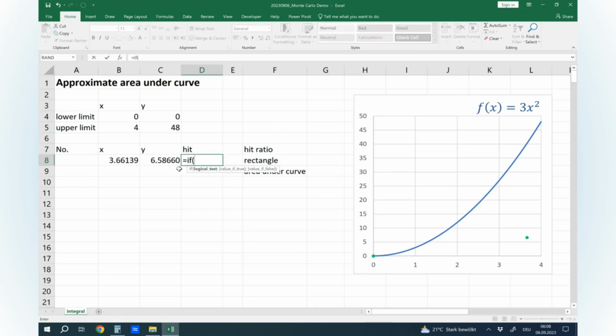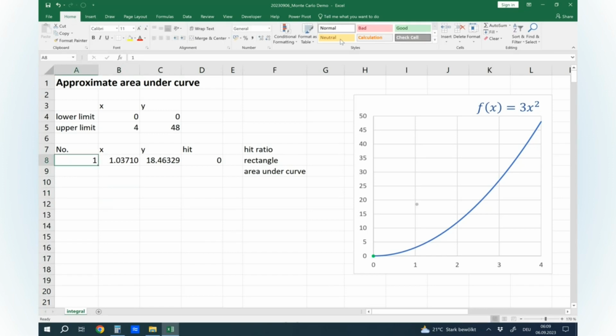If y is less than or equal to 3 times the corresponding random x to the power of 2, the value 1 is assigned, indicating that the dot has landed within the area of interest. Conversely, if the condition is not met, a value of 0 is assigned, denoting that the dot missed the target area.